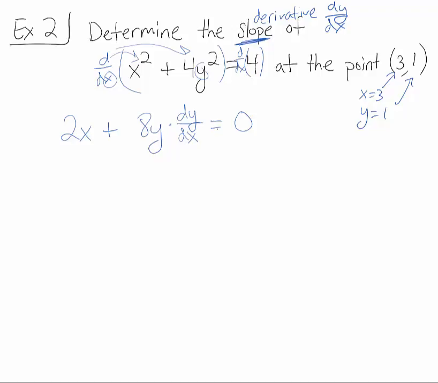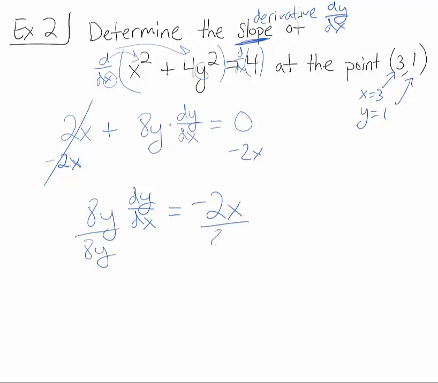Now we're going to solve for dy/dx, so I'm going to subtract 2x from both sides, and that gives me 8y dy/dx equals negative 2x. We'll divide both sides by 8y, because remember we're solving not for y but for dy/dx. And that gives me dy/dx equals, we can simplify that to negative x divided by 4y.